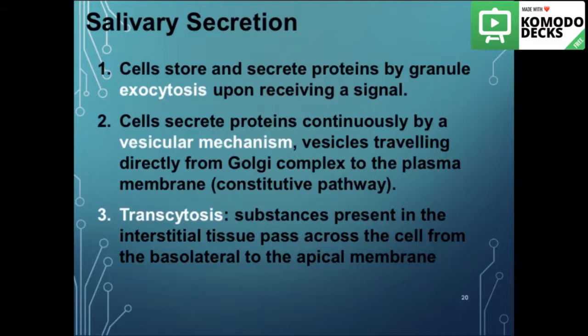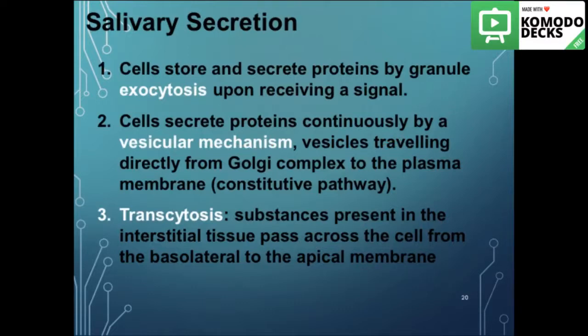The mode of secretion of saliva can be by exocytosis of granules upon signal reception, or spontaneously through vesicular mechanism. The vesicles are built up constitutively from the Golgi complex to the plasma membrane.